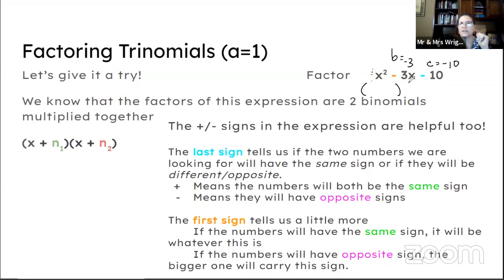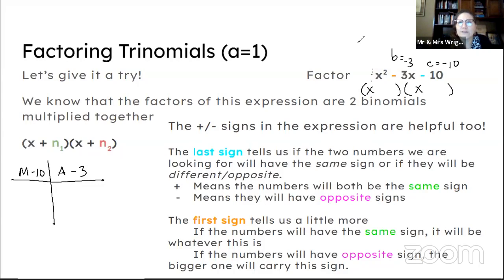Let's put this right here. That's where I'm going to be working on this. I know that they're going to multiply to be -10, and they're going to add to be -3. I'll think of some numbers later, but first I want to look at these signs.